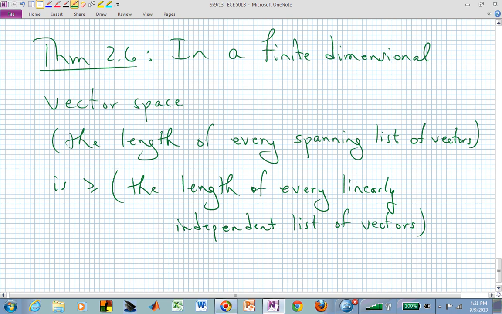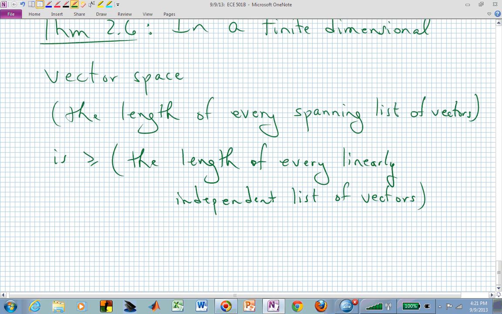Spanning list meaning it's spanning the entire finite dimensional space. We haven't talked about dimensions, so maybe I shouldn't talk about that yet. But hopefully this is clear, we're trying to relate this notion of spanning list and linear independence. We could maybe have two vectors that are linearly independent, and maybe we're in R3, and we need at least three vectors to span that R3.